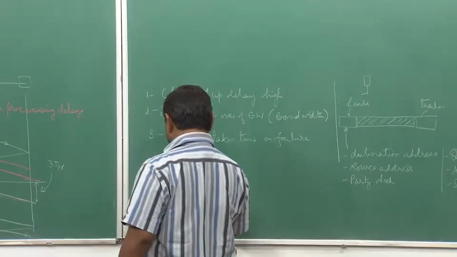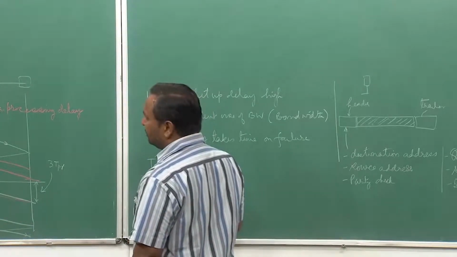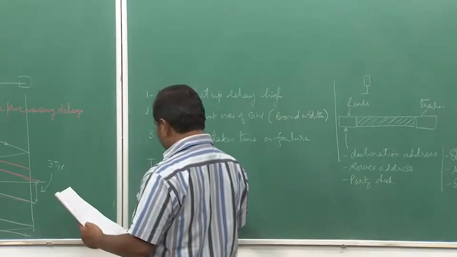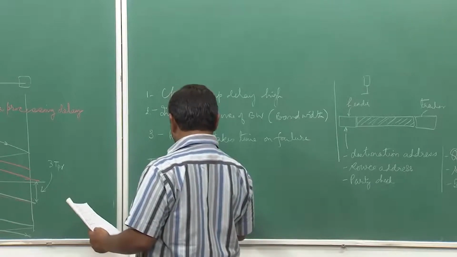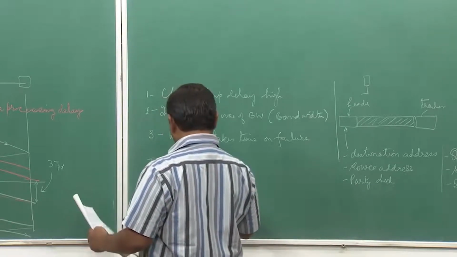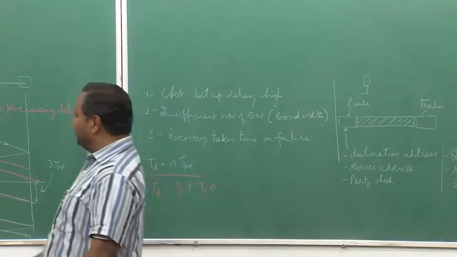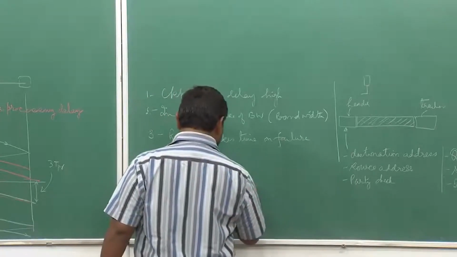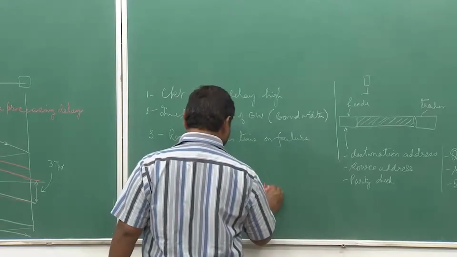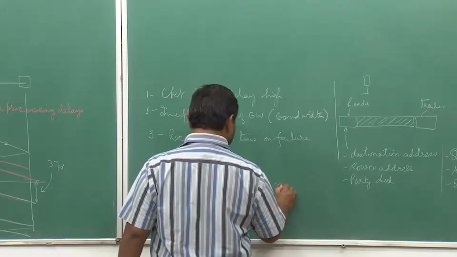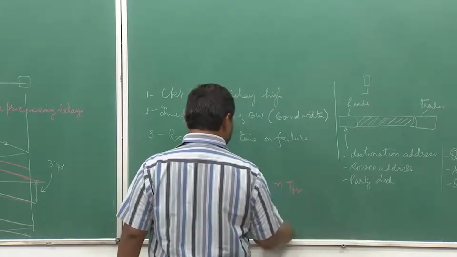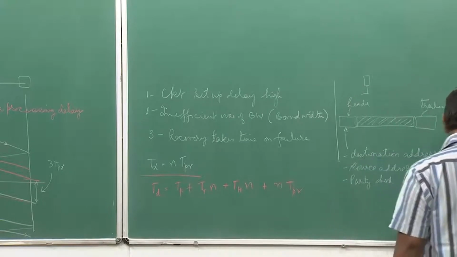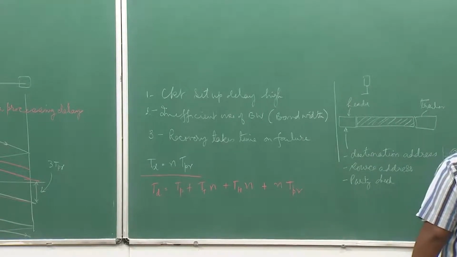This is the packetization delay for one packet, plus the transmission delay. Since there are n hops, the packet will be transmitted n times, plus the header processing delay n times, plus n times TPR.